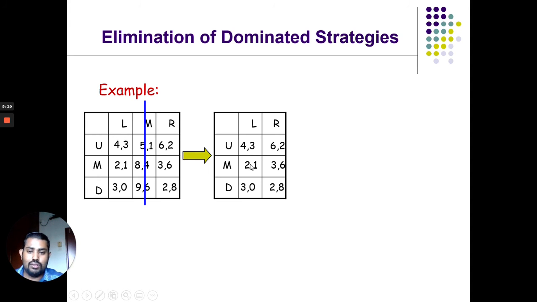We have 4 2 3. 4 is lesser than 6, 2 is lesser than 3, and 3 is lesser than 2. So from here we can know that 4 is more than 2 and more than 3. 6 is more than 3 and more than 2. And if you look here, 2 is lesser than 3 and 3 is more than 2.